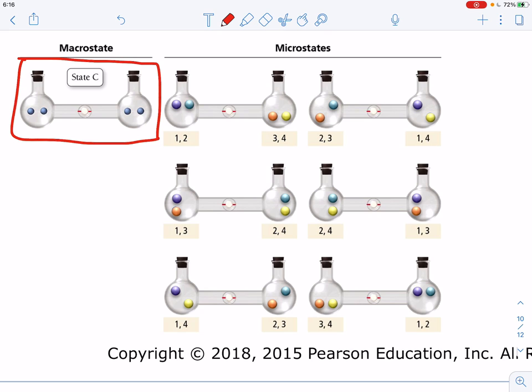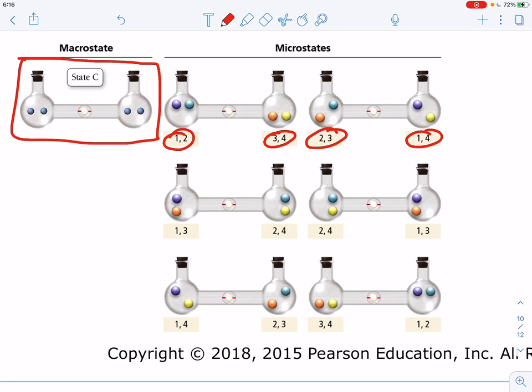It's not a matter of how many molecules you have on each side, but what the identity of the molecules is on each side. For example, in the first state, you have molecules 1 and 2 on one side and 3 and 4 on the other side. You can switch places accordingly, so in this case, 2 and 3 and 1 and 4 on the other side.